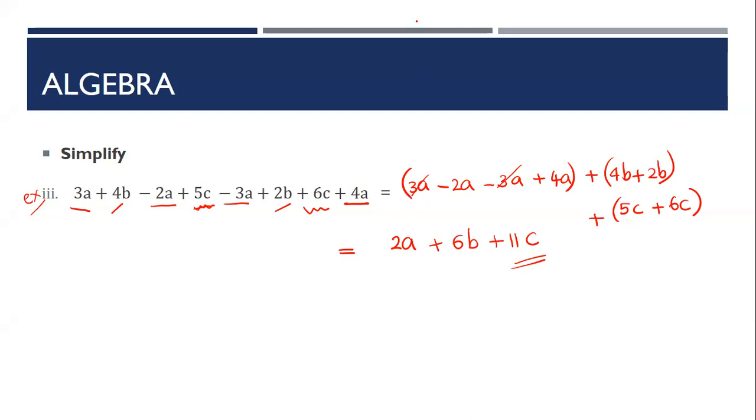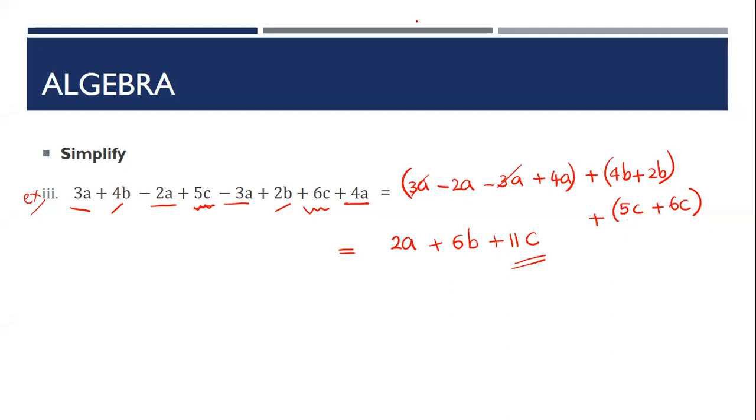Okay, so let's check with your answers. Yeah, the answer is 2a plus 6b plus 11c. QS batch index number 16, it's okay, right?